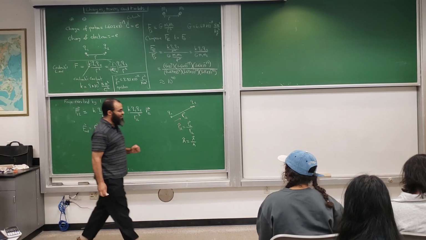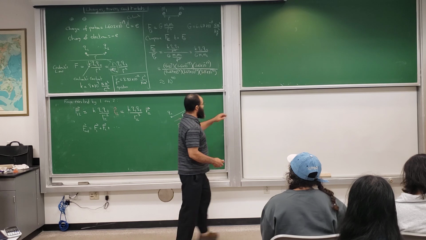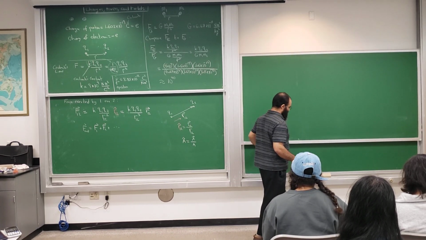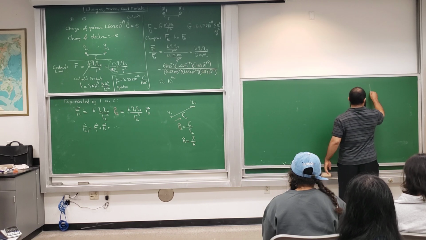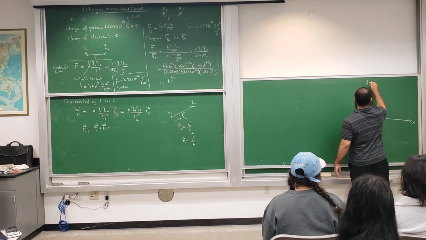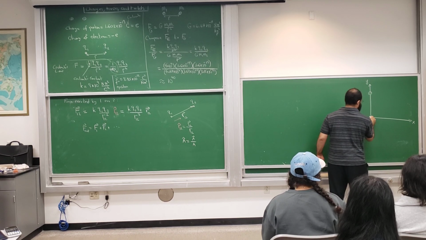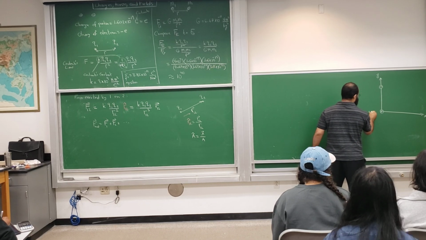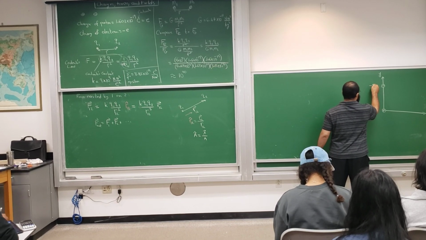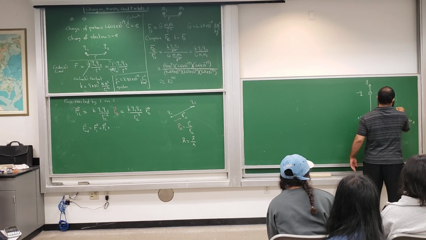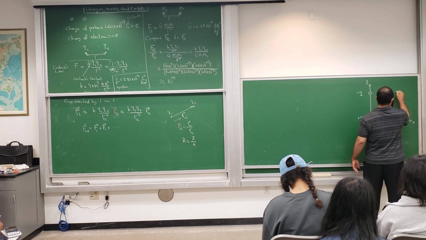Okay. Here is an example. Here's X, here's Y, here's a minus charge, here's a plus charge. Let's say this one is positive Q, this one is minus Q. This is supposed to be a square.